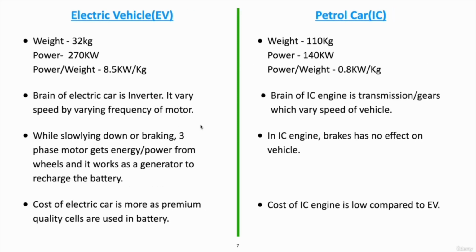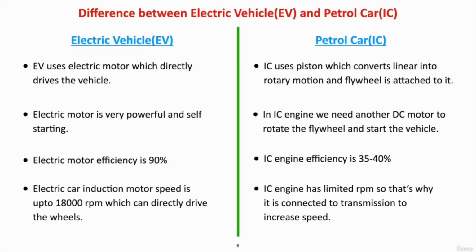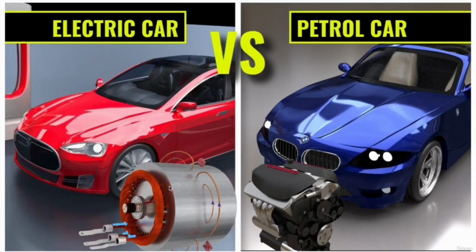In electric vehicle we have regenerative braking, so we can regenerate energy via the wheels. But in IC engines, brakes have no effect on vehicles. We have single speed transmission in EV vehicles where the motor rotates in the reverse direction, whereas in IC we have gears for the reverse transmission. So this is all about electric versus petrol engine.